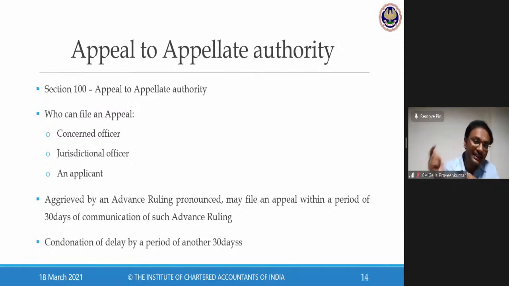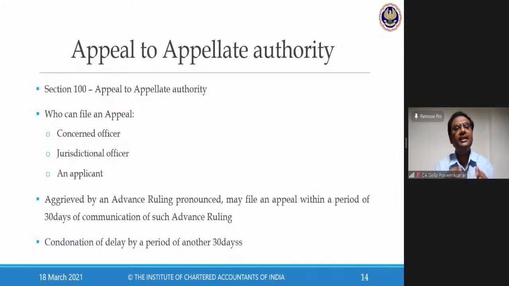When there is a disagreement with the advance ruling given by the advance ruling authority, they say, within a period of 30 days, if you feel that this advance ruling is not in your favor, come and file an application called your appeal. This appeal, 30 days is the time limit.